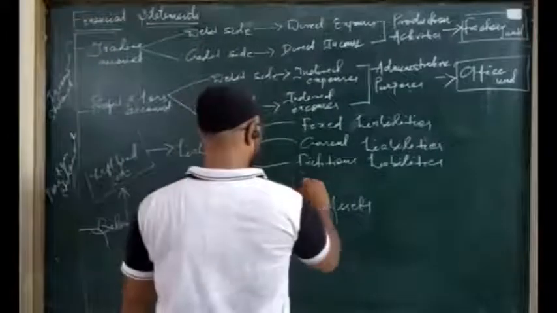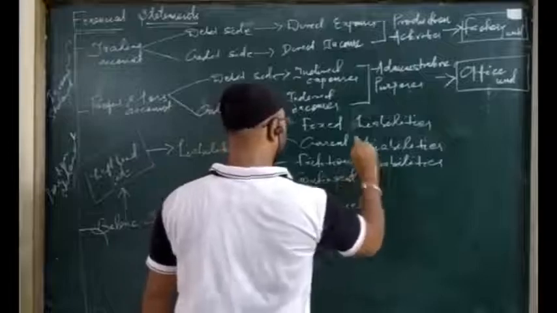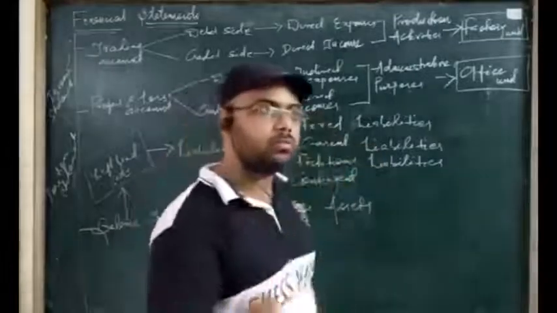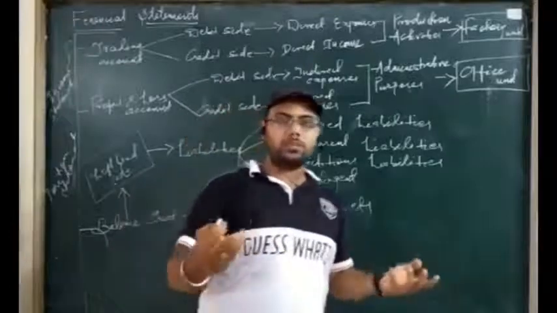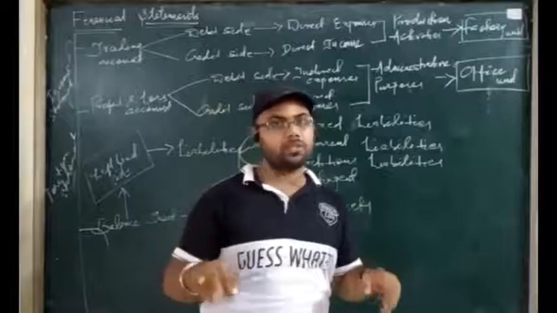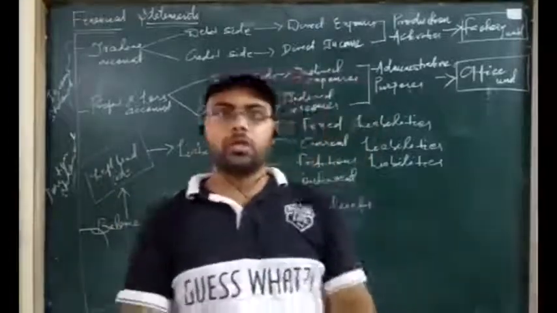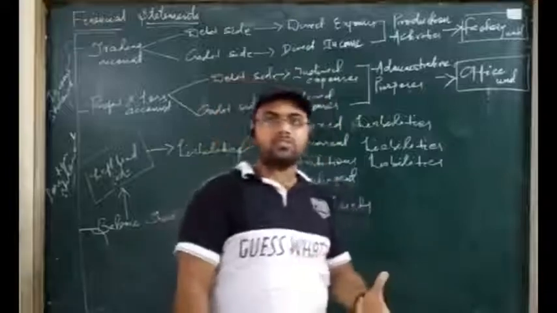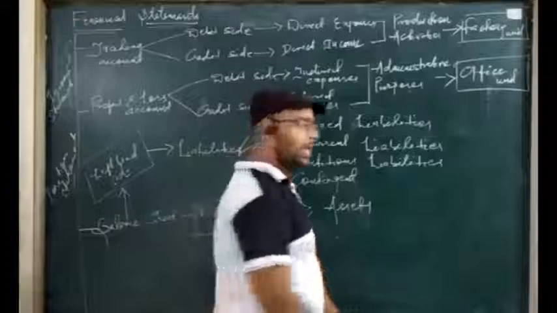Those liabilities are contingent liabilities, and they exist by virtue of your convention of conservatism. The convention of conservatism says prepare for the future, or no anticipation of profit but anticipation of loss. So it says prepare for the necessary discrepancies, uncertainties or uncontrollable factors that may take place in future. According to that convention, certain provisions are maintained. So that comes under contingent liabilities.